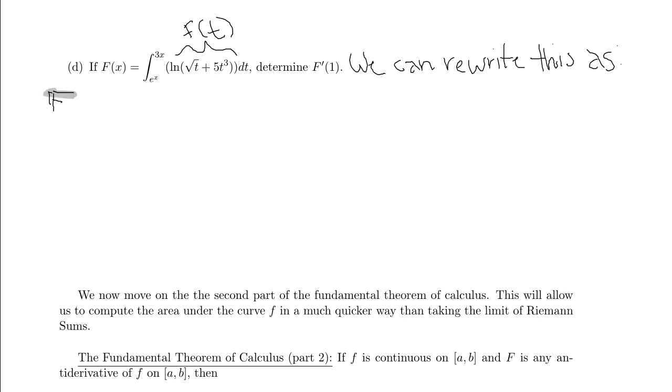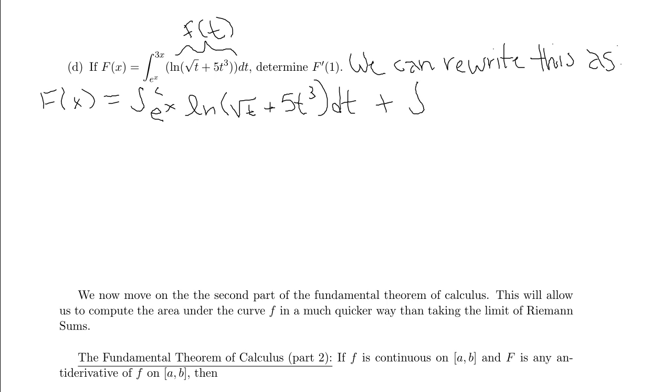So we have big F of x equals, and so I'm going to say that it's equal to the integral from e to the x to some constant c of our function, ln of root t plus 5t cubed dt, plus, and now I'm splitting it up again, this is going to be c to 3x of ln of root t plus 5t cubed dt.